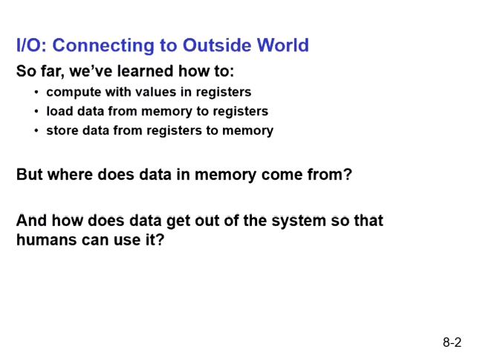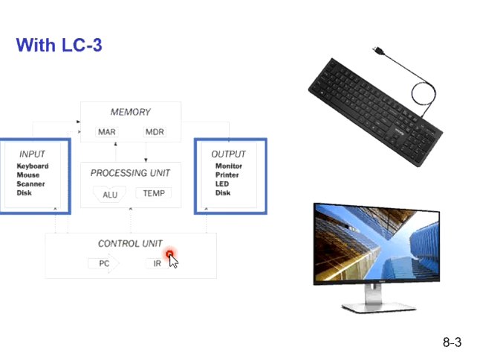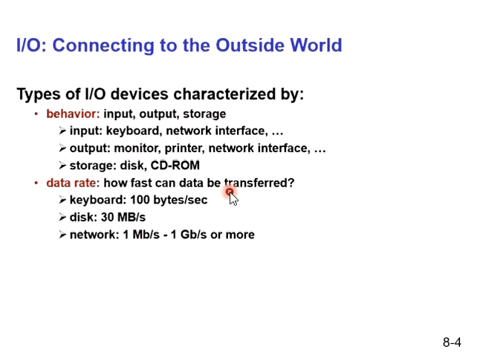For example, when we study, we can ask the question, where does data in memory come from? How does the data get out of the system so that humans can use it? Over here, we study the model of the computer with input-output devices such as monitor, keyboard, mouse, printer, scanner, etc. There are two important factors when we study input-output devices.